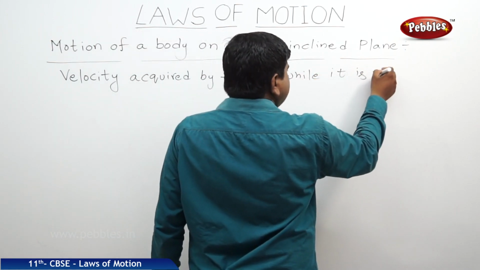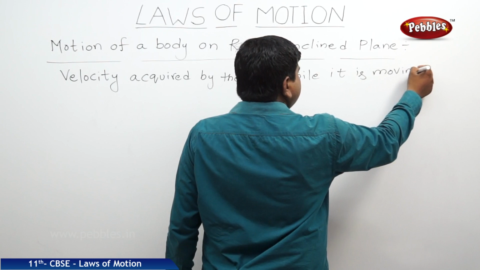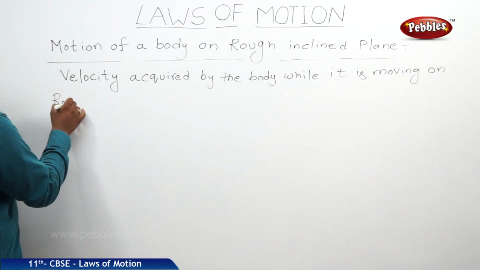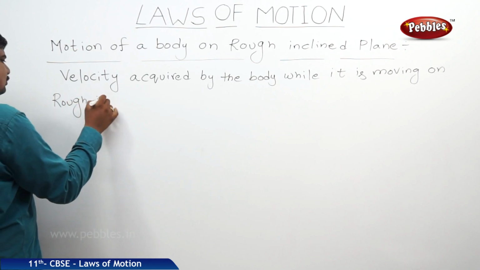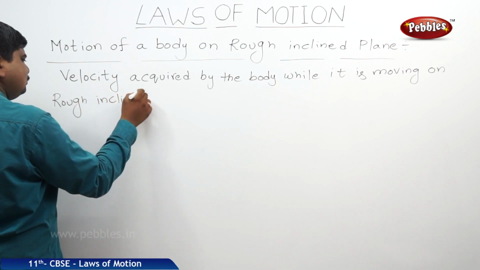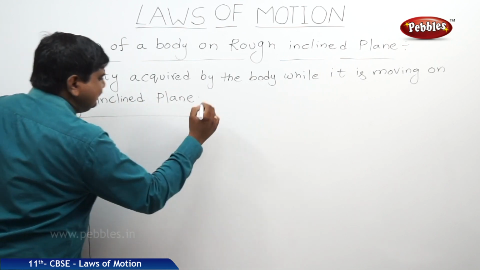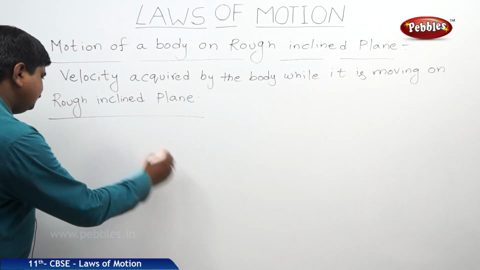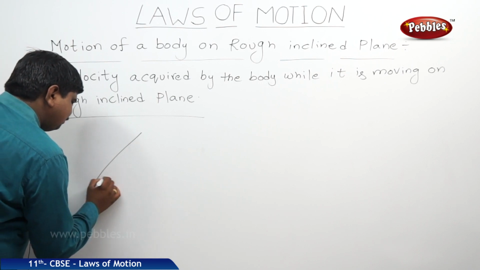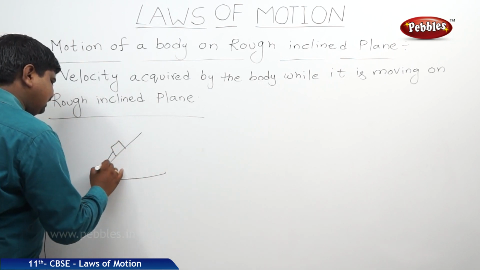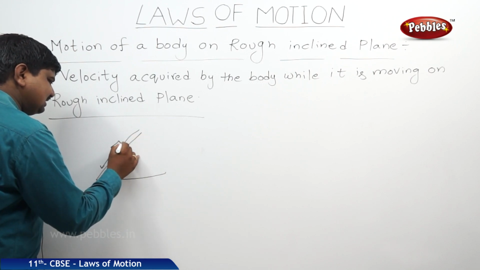As we discussed earlier in the previous question, this is the rough inclined plane which has friction, and the body is just ready to slide, and it has slid some distance.